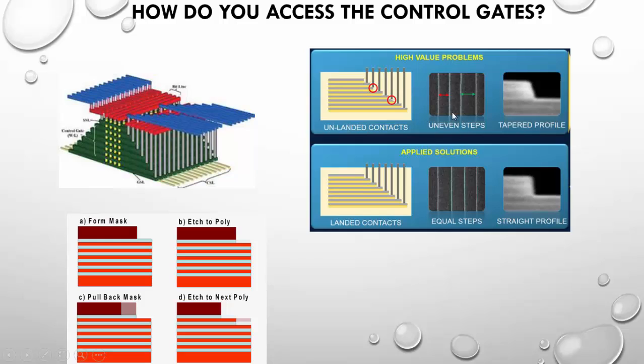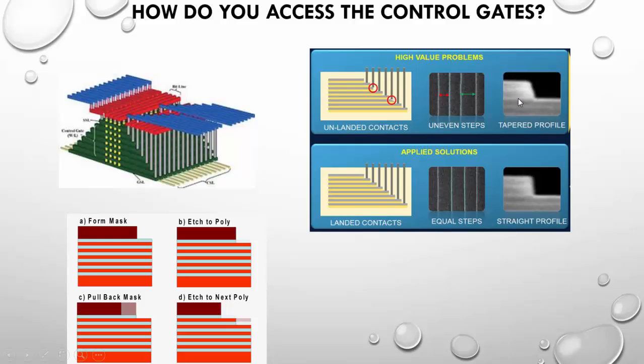See here, in uneven steps, the wire connection to the word line will have inconsistent resistance, leading to unreliable performance. The photo at the right shows the taper edge on the steps. You can see here the taper profile.